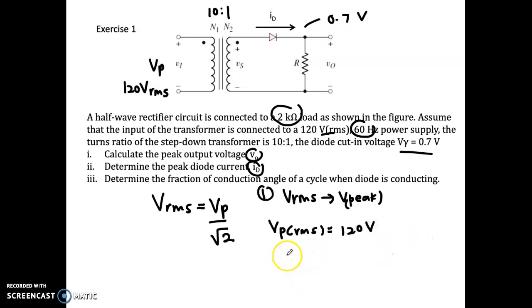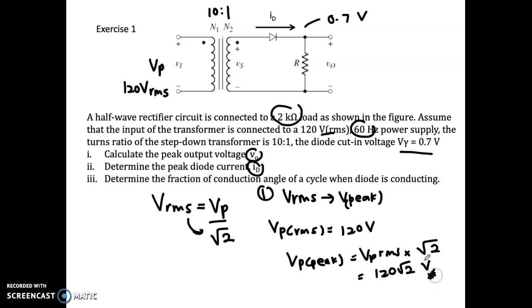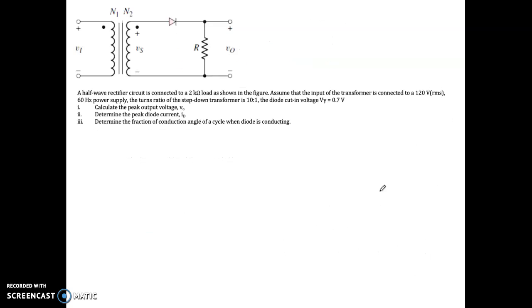So how are you going to change to V primary peak? V primary peak is equal to V primary RMS multiplied by square root 2. So you get 120 multiplied by square root 2 volt. So this will be step number 1, V primary peak equal to 120 square root 2.